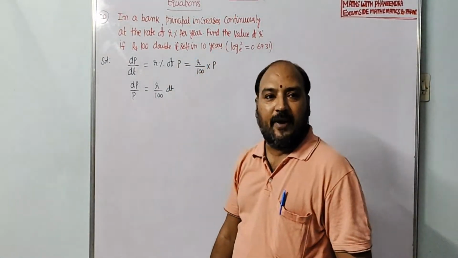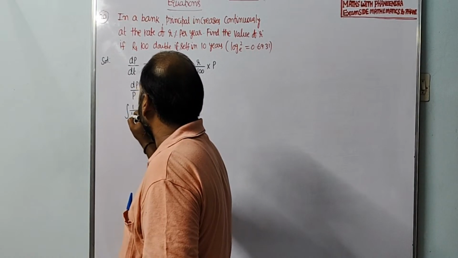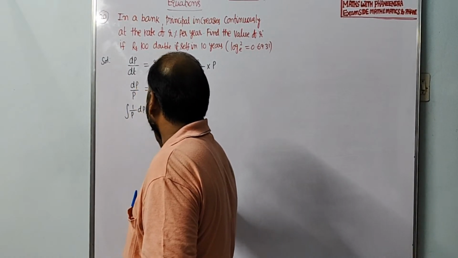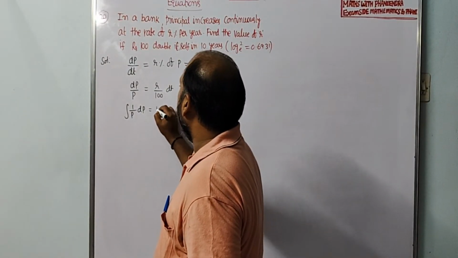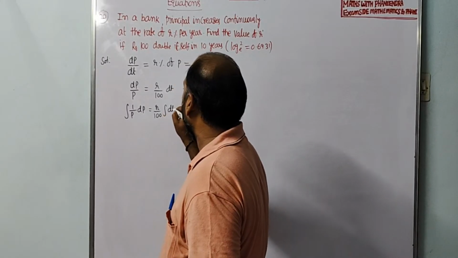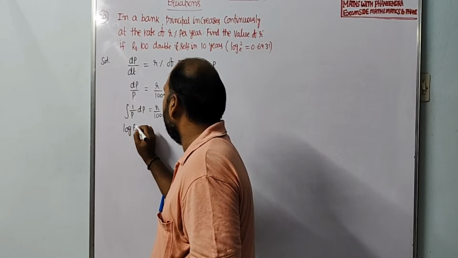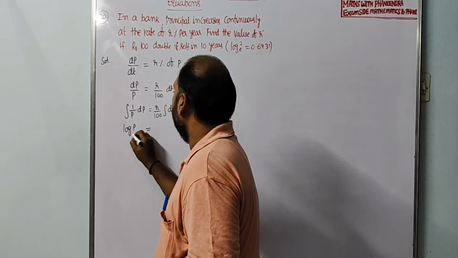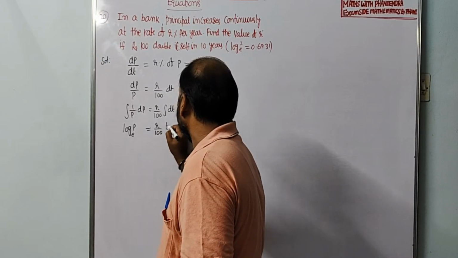So variables separated, taking integration on both sides. Integral 1 by P dP is equal to R by 100 into integral dt. So integral 1 by P means what? Log P to the base e. R by 100 integral dt is t plus c.